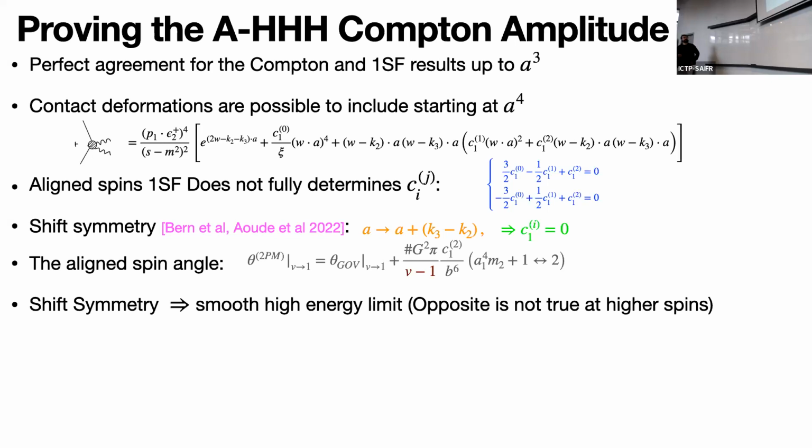Once you shift it by this guy, this remains invariant. But these other couple of terms, they are not invariant. So if you want to ask your amplitude to be invariant under the shift symmetry, you can kill these two coefficients, and by this relation, kill the other one. Especially that basically the shift symmetric quantum amplitude at spin to the 4 is this exponential.